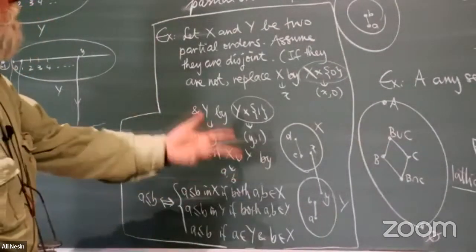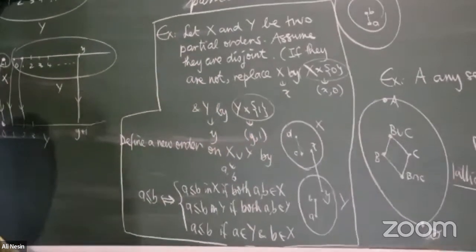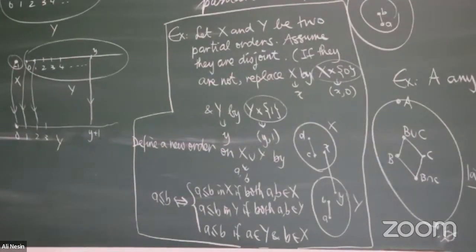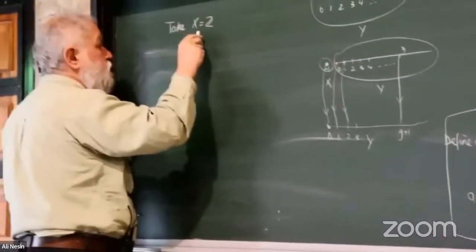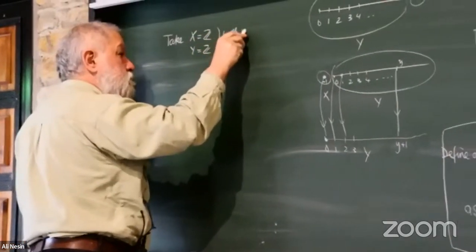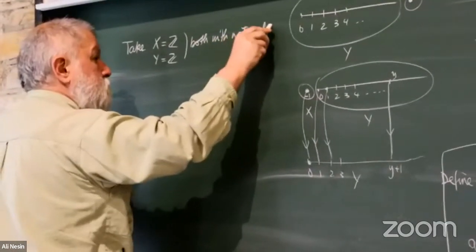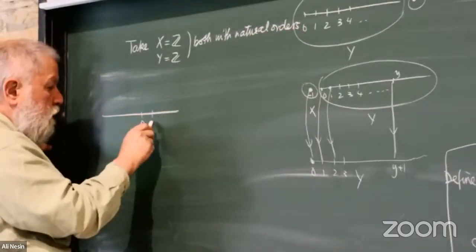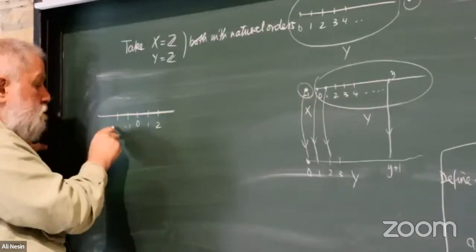For example, let's take Z and Z. Let's take X equal to Z and Y also equal to Z, both with natural orders. So I will make Y here: 0, 1, -1, 2, -2, and so on.